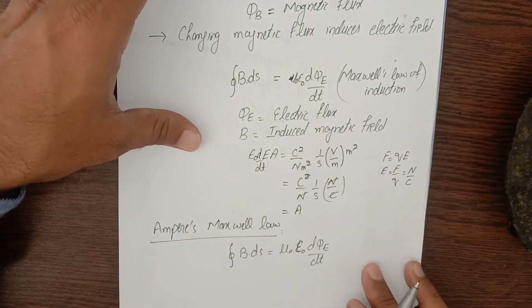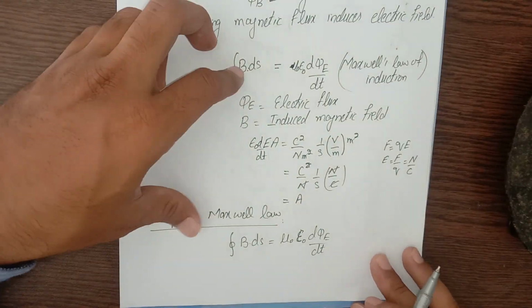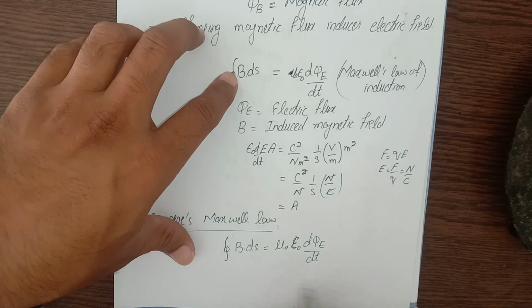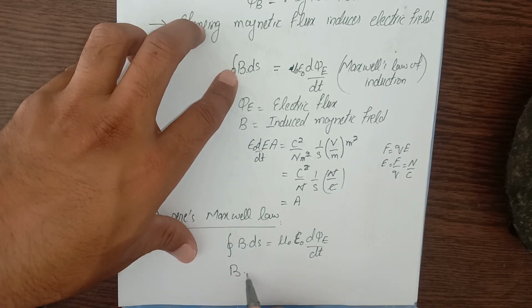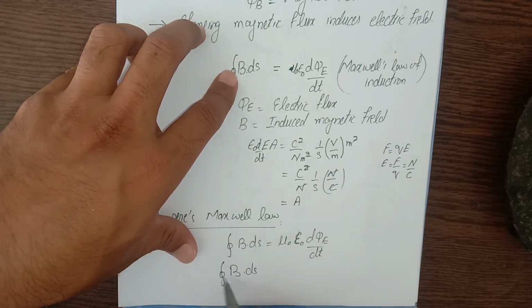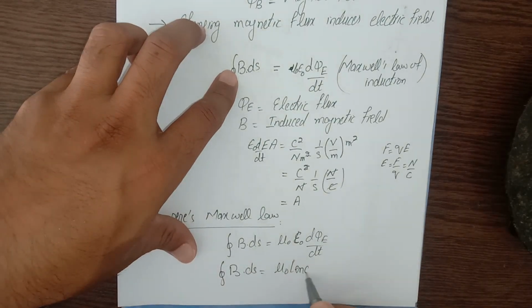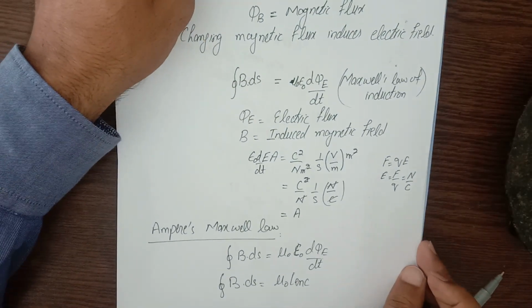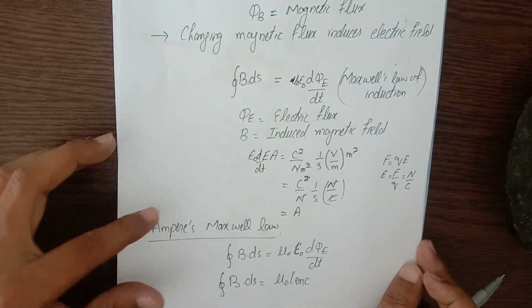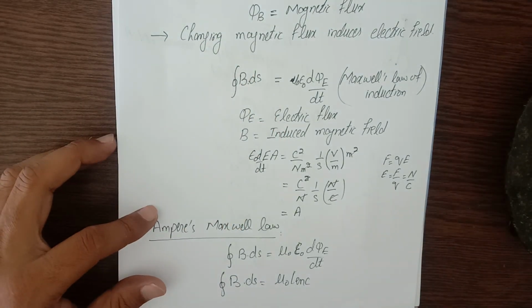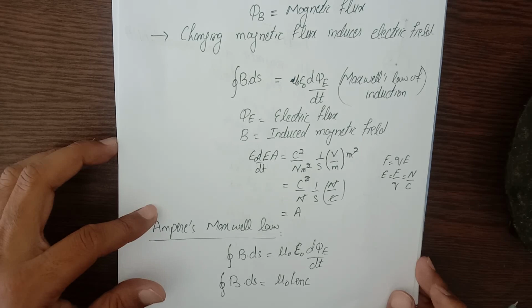But by Ampere's law we have already studied that B dot ds is equal to mu naught times the current enclosed. These are two different equations that we have found from our results.